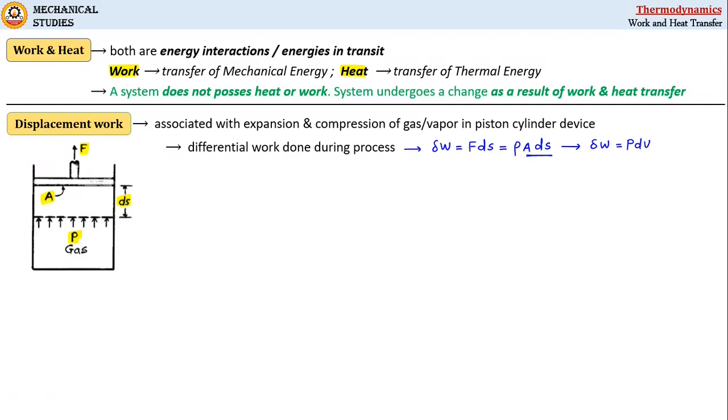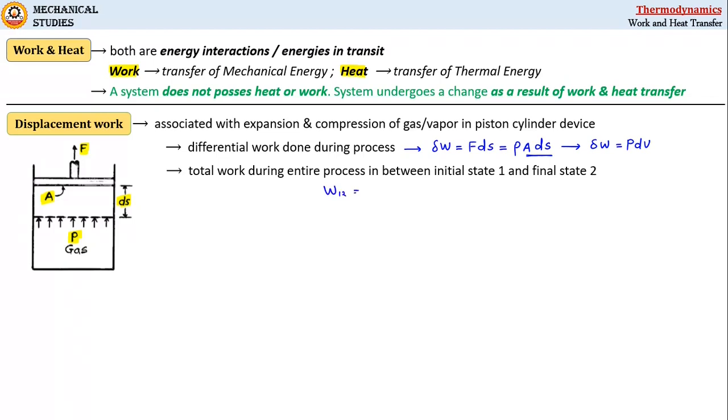Now if this system undergoes a process in quasi-static manner from initial condition 1 to final condition 2, then the total work during this entire process between state 1 and 2 can be written as W12.